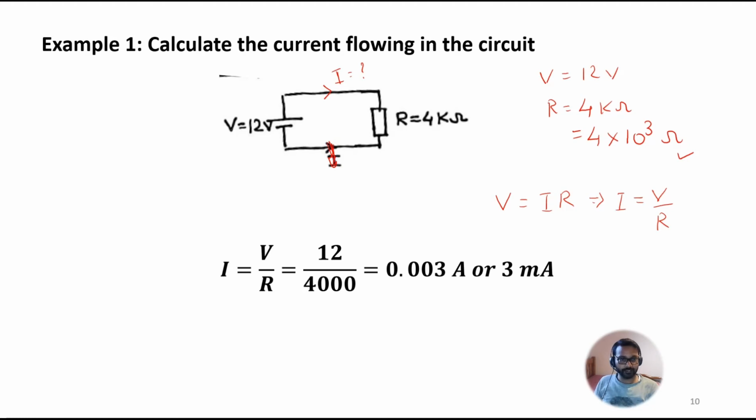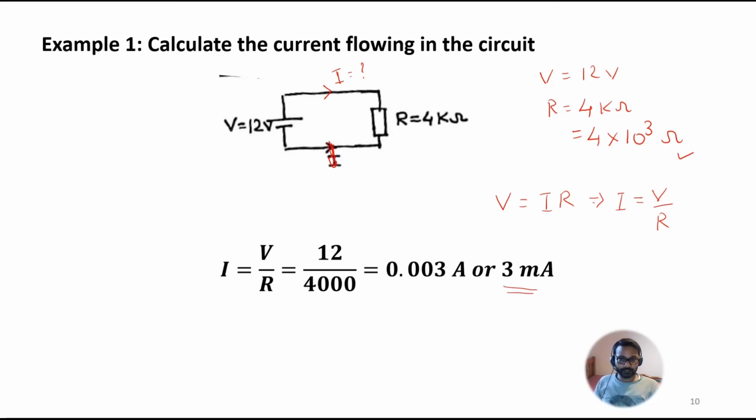So the value of voltage was given as 12 volts, divided by the resistance. Resistance is 4000 ohms, or 4 multiplied by 10 to the power 3 ohms. Now if we do the calculation, it will come out to be 0.003 amperes, which is 3 milliamperes, right?